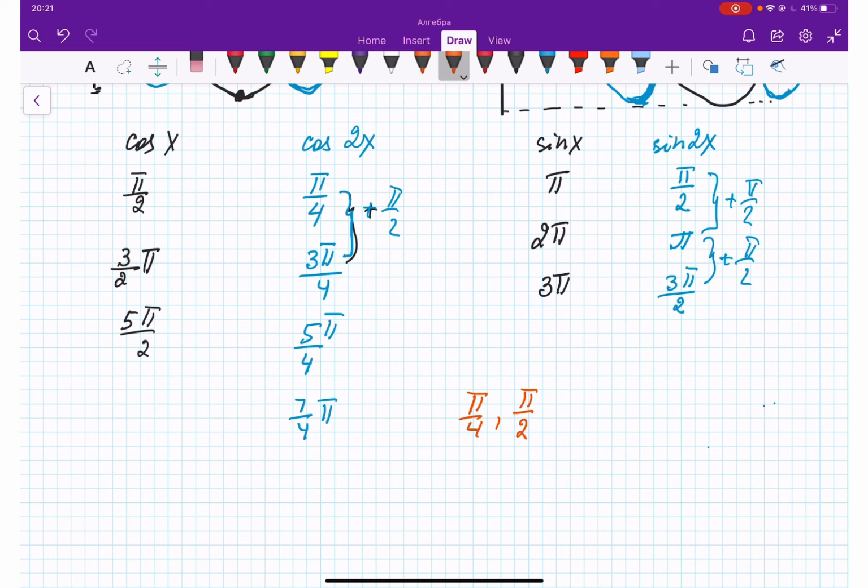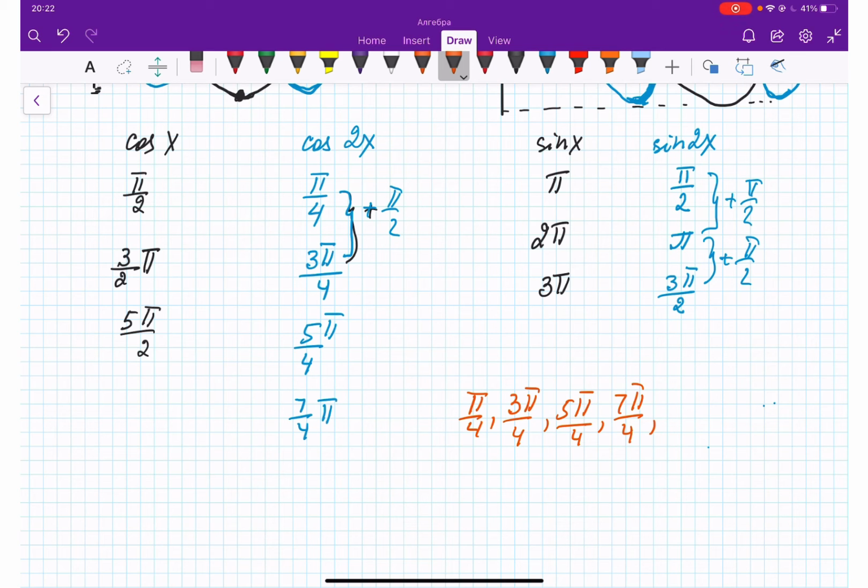Okay, not to confuse you, I'll just put first the critical points for cosine and then the critical points for sine: pi over 4, 3 pi over 4, 5 pi over 4, and 7 pi over 4.